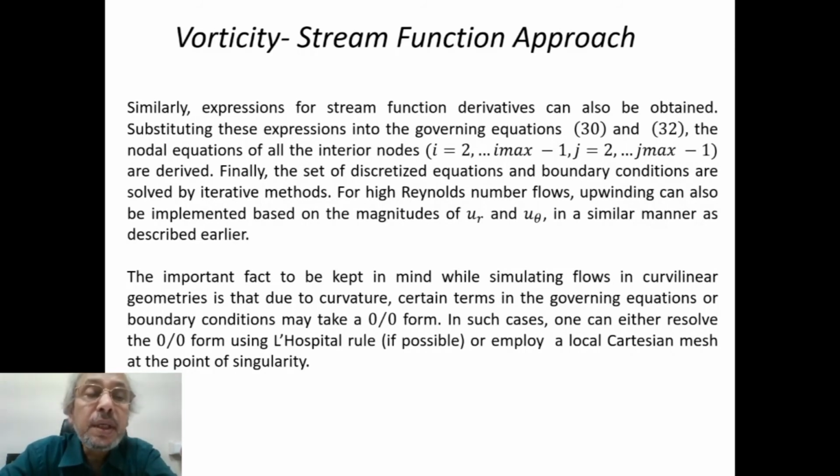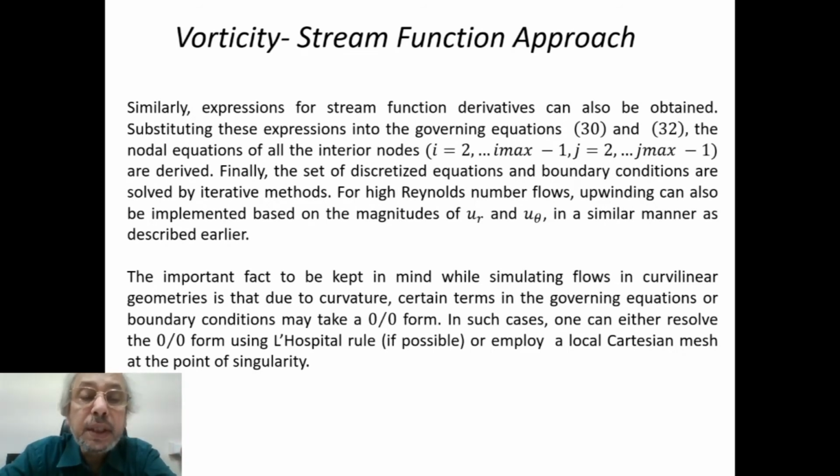Substituting these expressions into governing equations 30 and 32, the nodal equations of all the interior nodes i equal to 2 to i max minus 1, j equal to 2 to j max minus 1 are derived. Finally, the set of discretized equations and boundary conditions are solved by an iterative method, just the way we set up the solution algorithm for the Cartesian coordinate method.